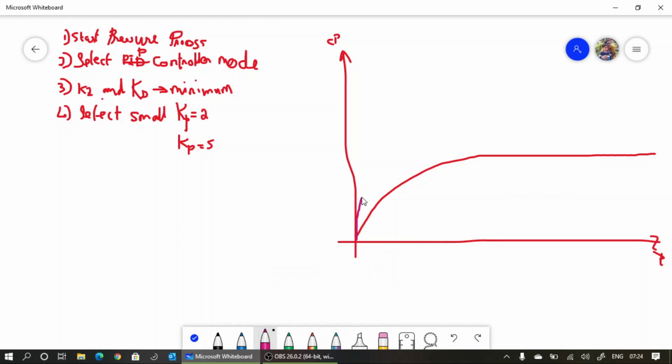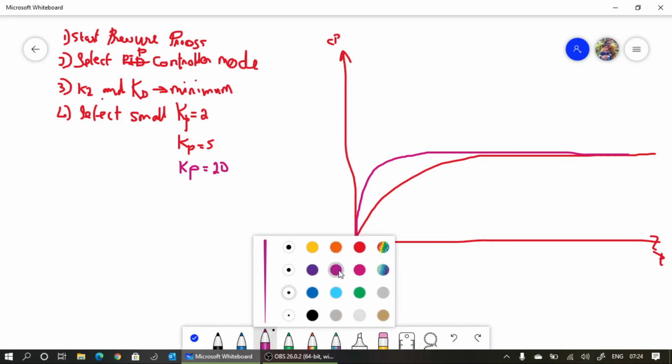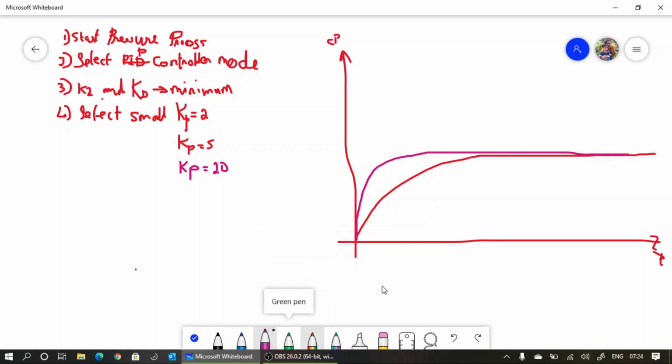With respect to Kp equal to 5, the speed of rise is increased. If you keep increasing the Kp value, then you selected Kp equal to 20. With Kp equal to 20, what happened? You observe a sustained oscillation, right?